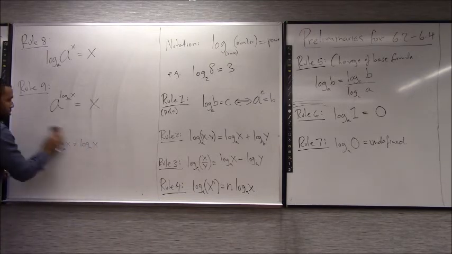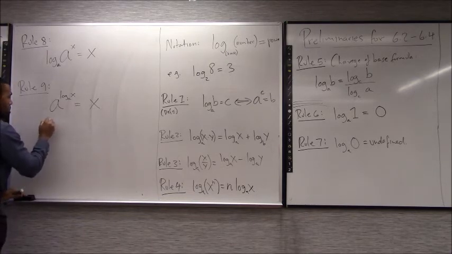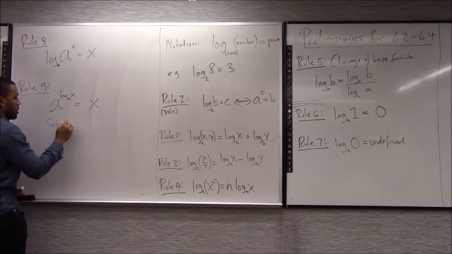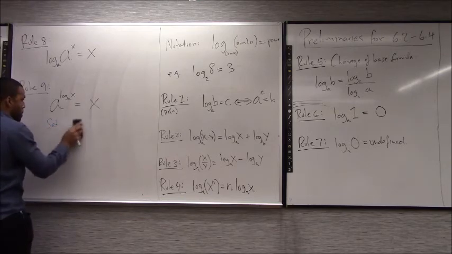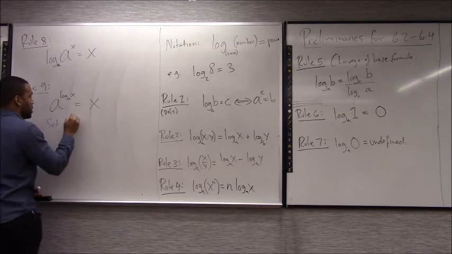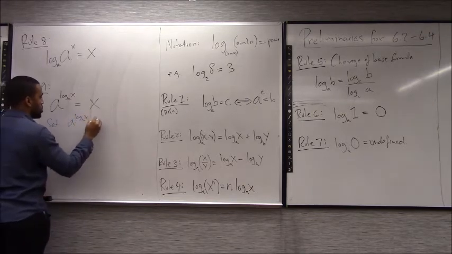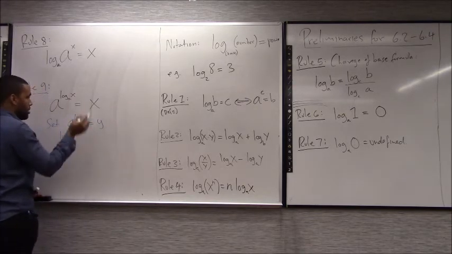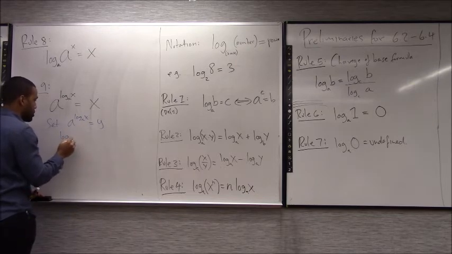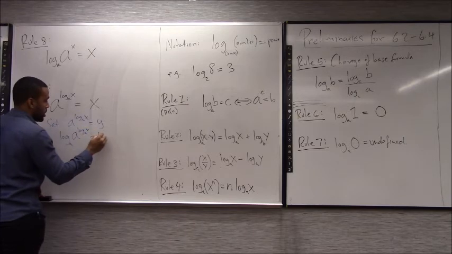That's not what I want. Set a to the log base a of x equals y, because what I just did might seem circular. Now I take the log of both sides.